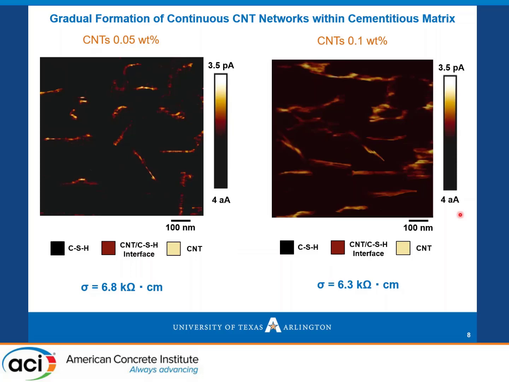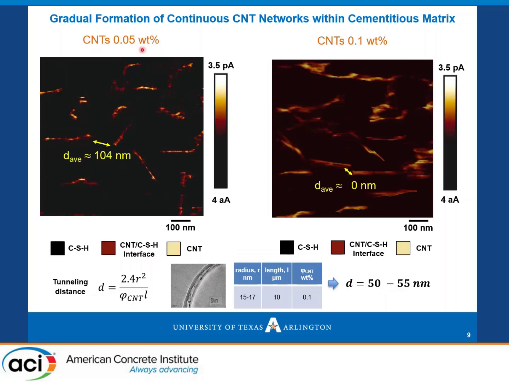However, we see that the bulk electrical resistivity of the material here, 6.3, is lower compared to the 0.05% per weight of cement nanotubes. And this is attributed to the establishment of a continuous network.